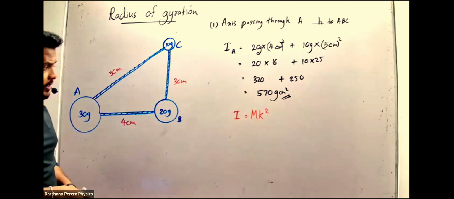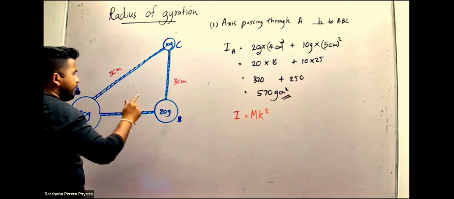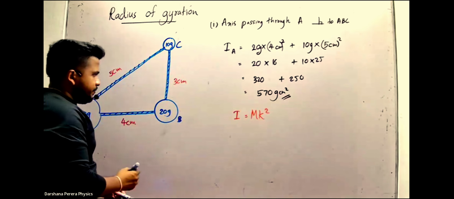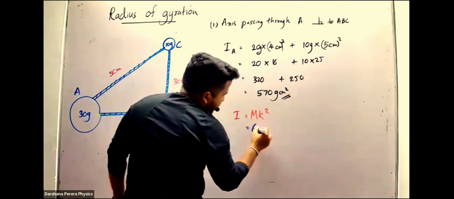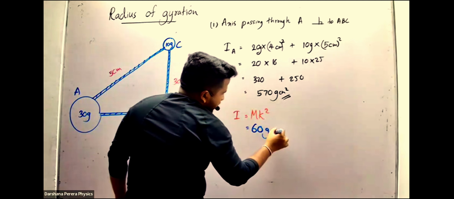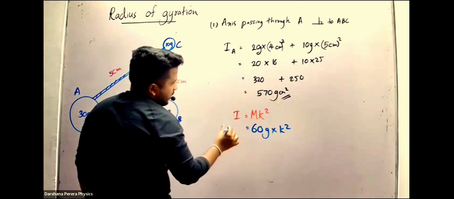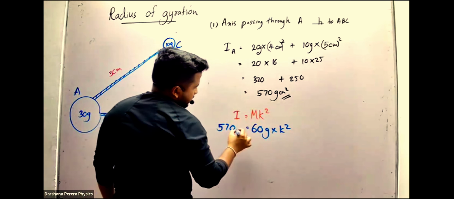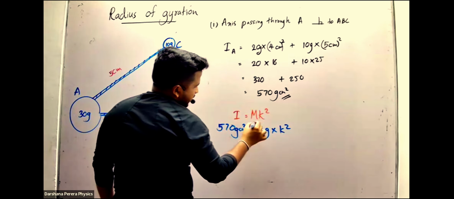What is the total mass? Total mass means 10 gram, 20 gram, 30 gram, the summation of all, that means 60 gram. 60 gram into K square equals 570 gram centimeter square.